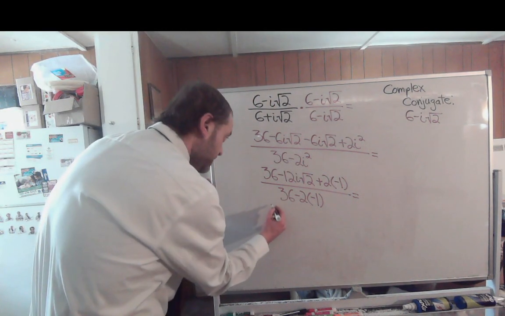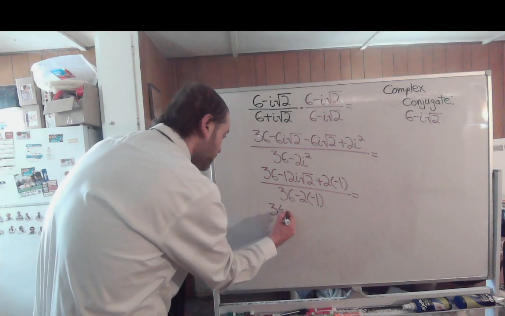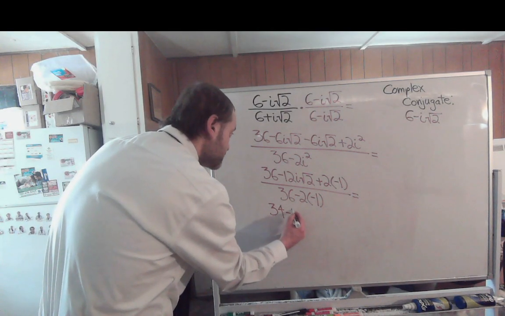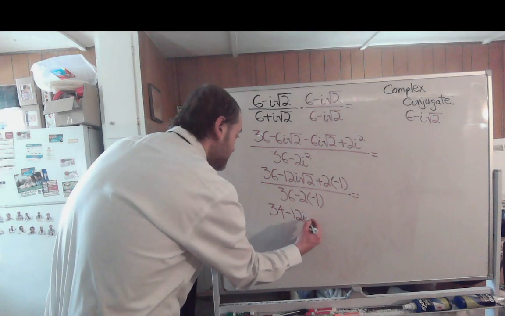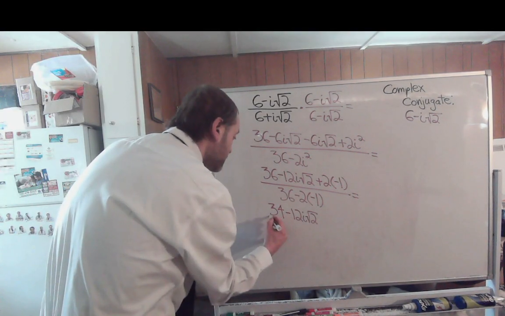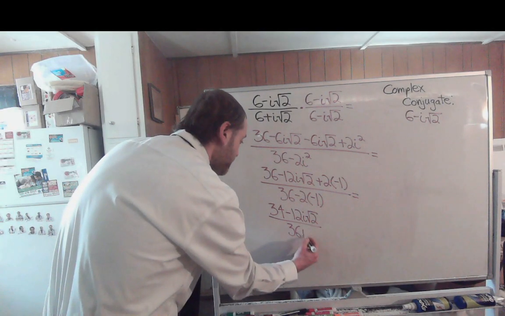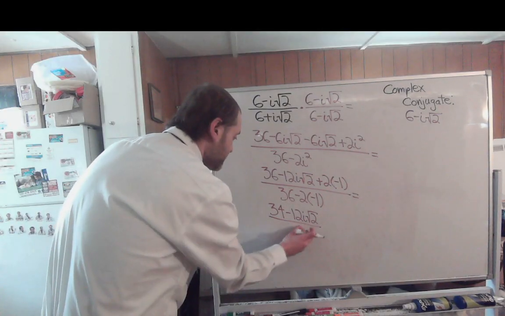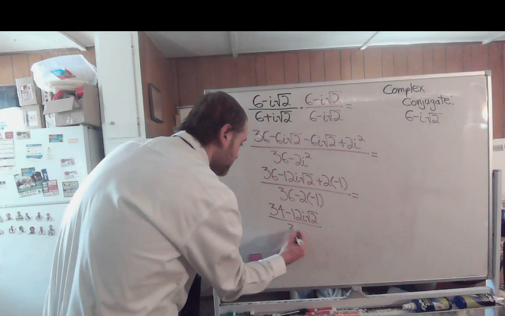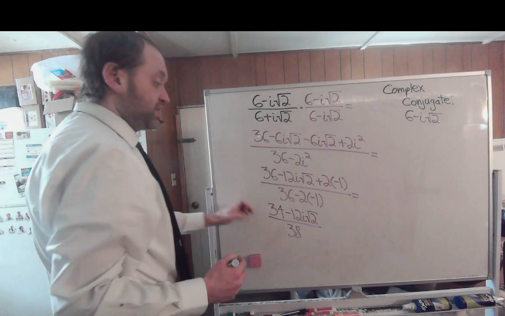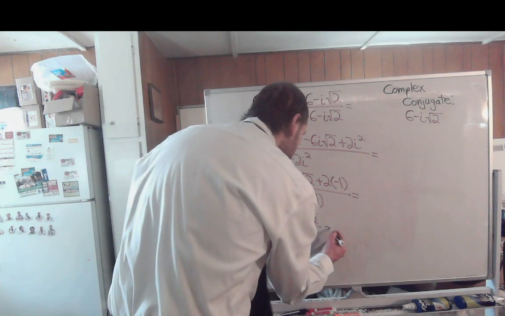So this would turn into, in the numerator, 34 minus 12 times i times the square root of 2, all over 36 plus 2, which we'll just say 38 for simplicity's sake. Well, good news is everything divides evenly by 2.